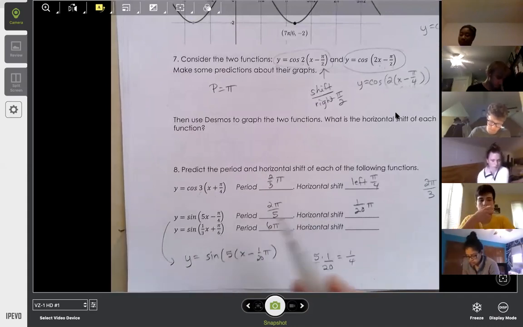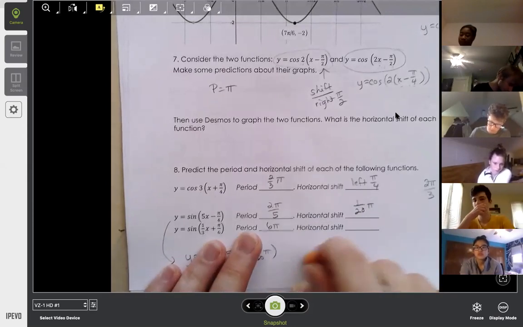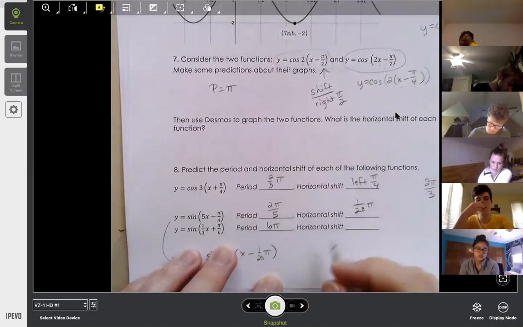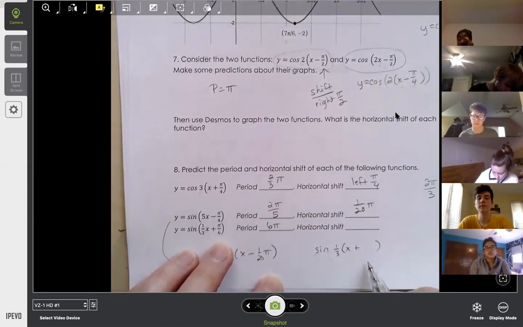All right. And again, this is not in factored form, so I need to get it in factored form. So I need to think about it as sine of 1/3 x plus what equals pi over 6.